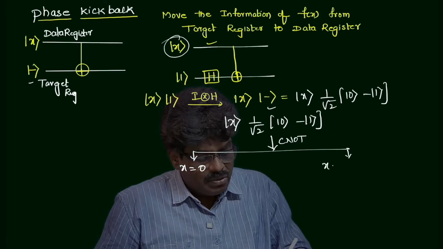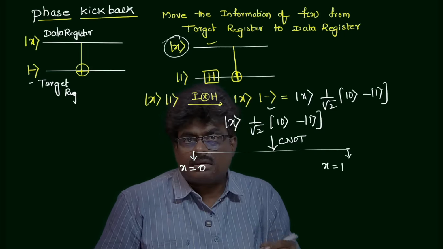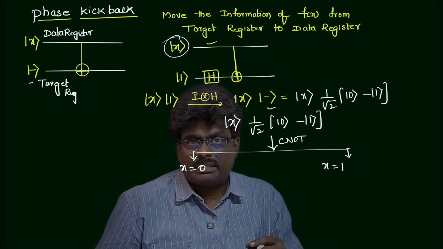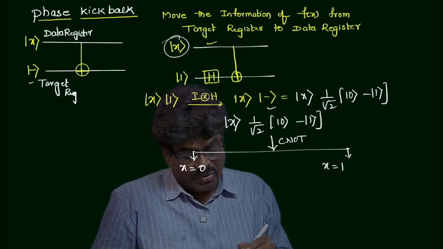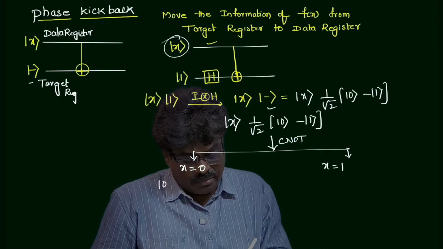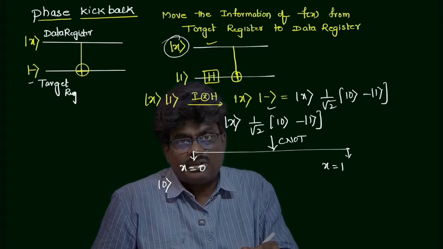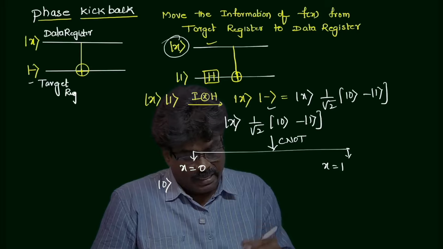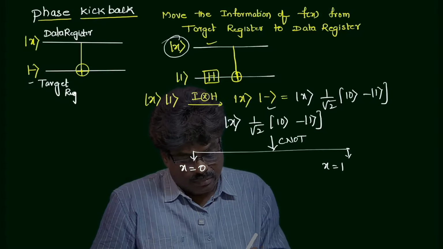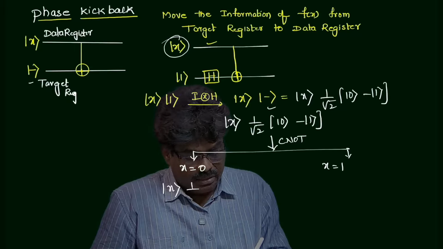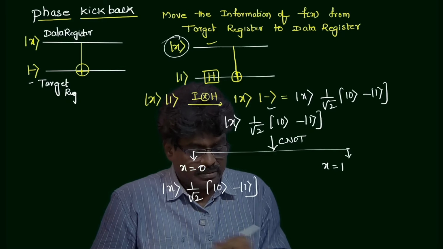If X is equal to 1, then a NOT operation will be there, so some change will be there. If X is equal to 0, the control bit is 0, so the target won't be operated and stays as it is. We can take X, 1 over root 2, 0 minus 1 as it is.